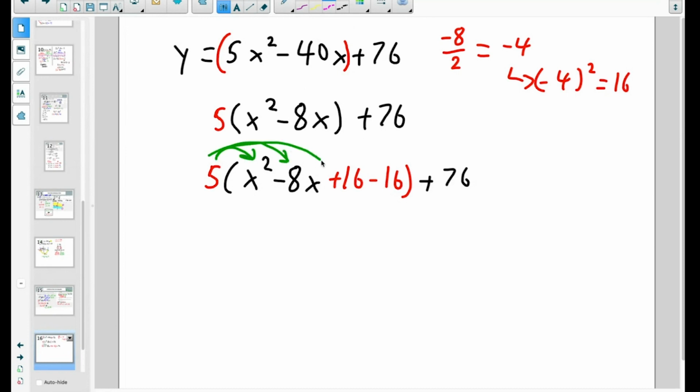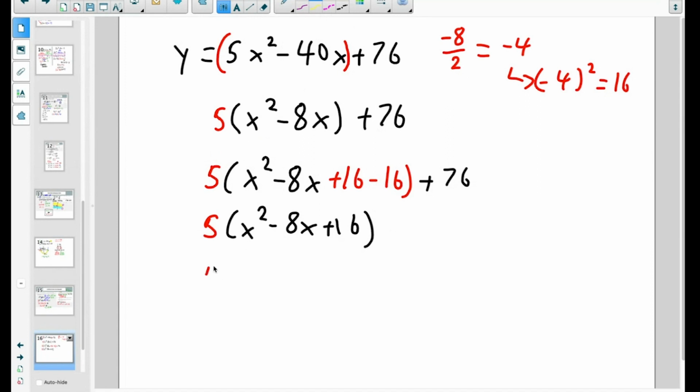It just means that I multiply that 5 with that negative 16, and I'll do that in a second here. I'll have 5 of x squared minus 8x plus 16. And I'll just worry about this portion for now.